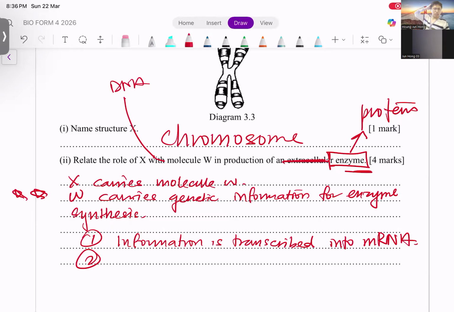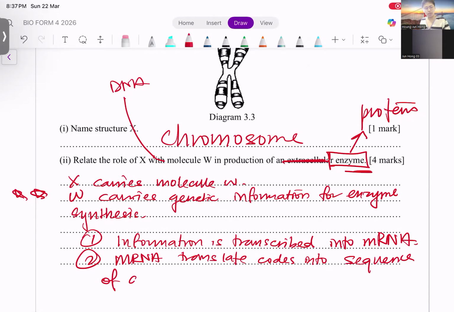Our power trader. This GrabFood driver will transcribe into this delivery man, and then this delivery man will translate into the sequence of amino acid.